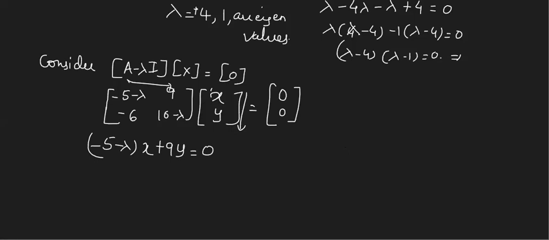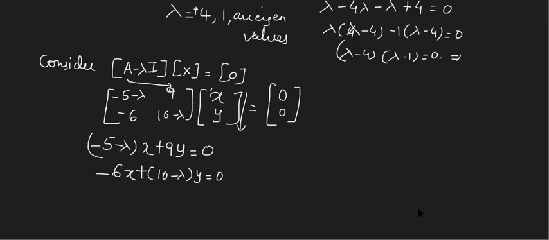Did you get how I have taken it? Is the part clear? Okay, now the second one. For the second one, you take the second row and the same column: -6 into X, -6X, plus 10 minus lambda into Y, equal to 0.